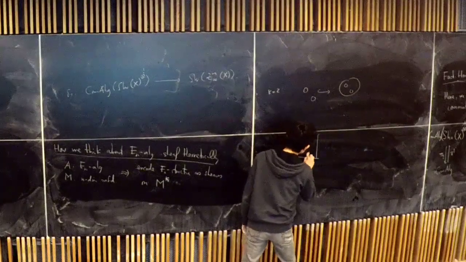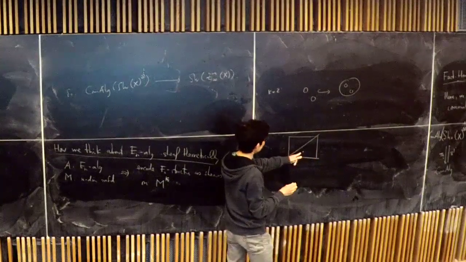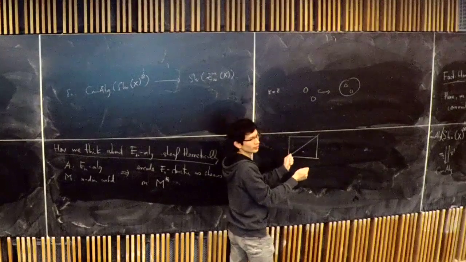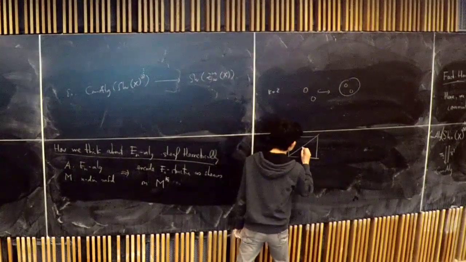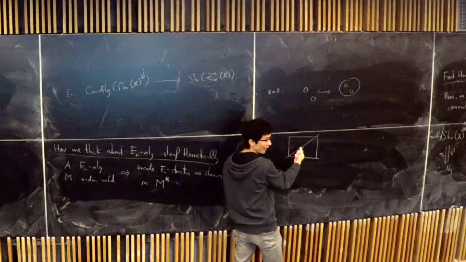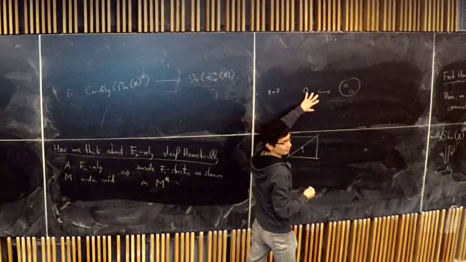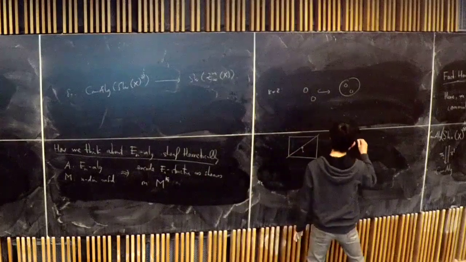You have points on the complementary diagonal that parameterize 2 points on N. And whenever 2 points collide, when this thing moves to the diagonal, you get multiplication.